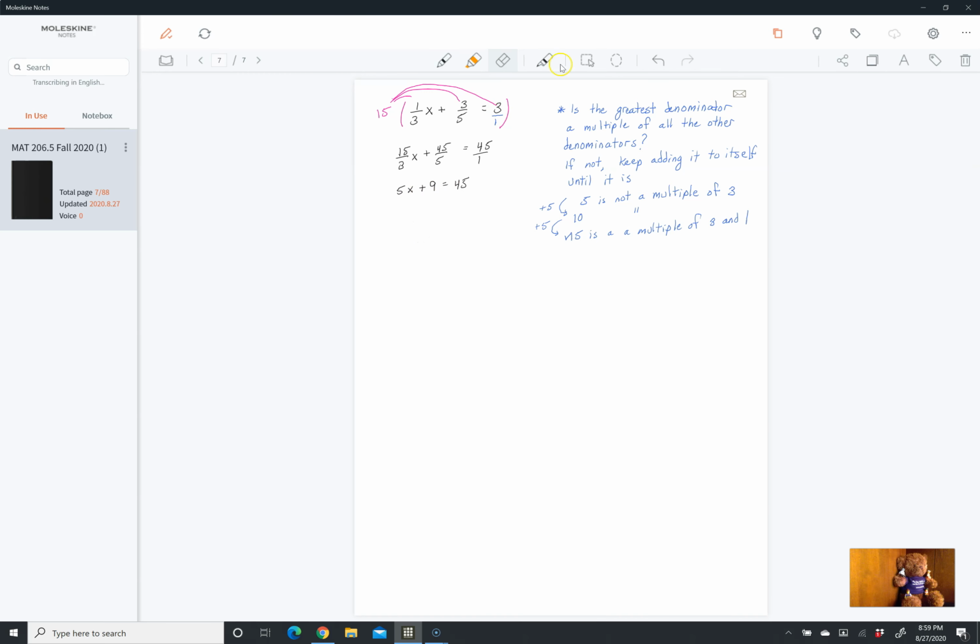Okay, and now it's just a matter of getting rid of the 9. So we subtract 9 from both sides. We get 5x is equal to 36. And then divide both sides by 5.